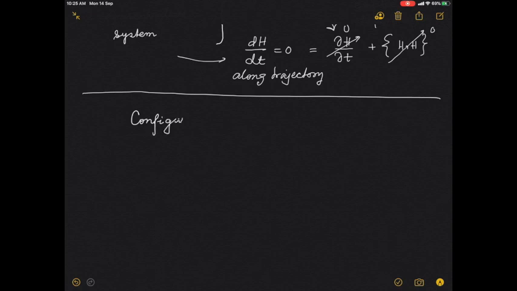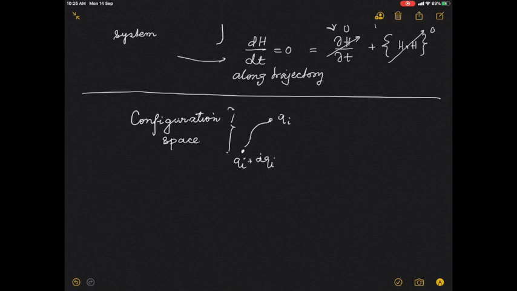So remember that in configuration space, this is just to remind you, this you have heard, I can define the distance between 2 points. So say this point is qi, and this is qi plus dqi.